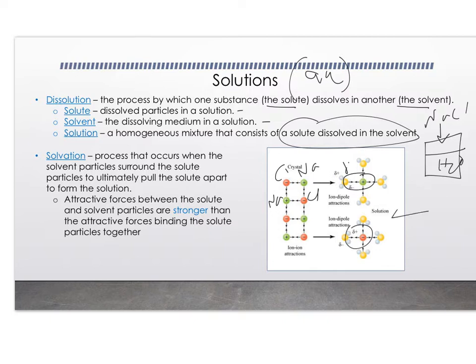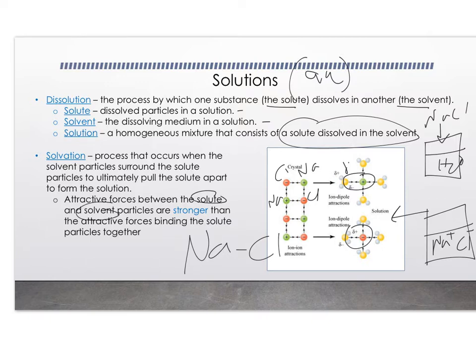So the solvation is this process of pulling apart the NaCl into its individual ions, because after the dissolving process, what you have left in water are just ions. So it's not a chemical process occurring, it's the splitting apart of the NaCl molecule. And this is due to the fact that the attractive forces between the solute and the solvent are stronger than the bond that's trying to hold together the sodium chloride, or your solute.